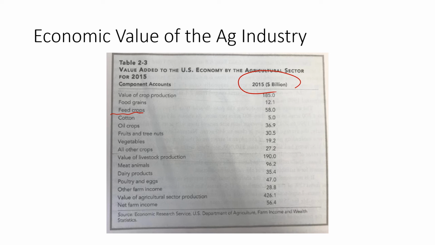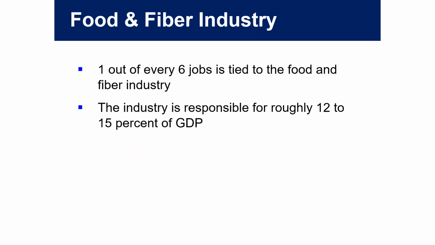For example, dairy products added $35 billion in 2015 to the United States economy. We can look at vegetables, they were 19. Feed crops, so that would be like corn and soybeans, was 58, and so on. So just go ahead and look at some of those statistics. Here's some more. 1 out of every 6 jobs is tied to the food industry.